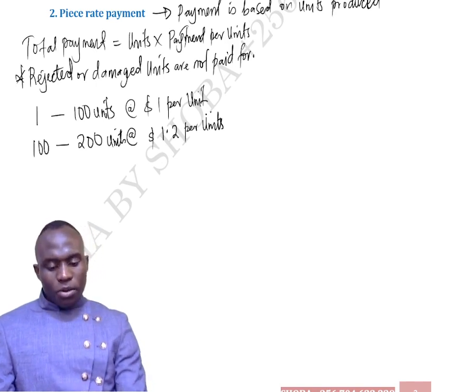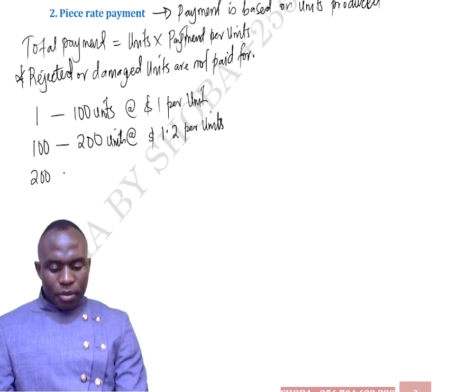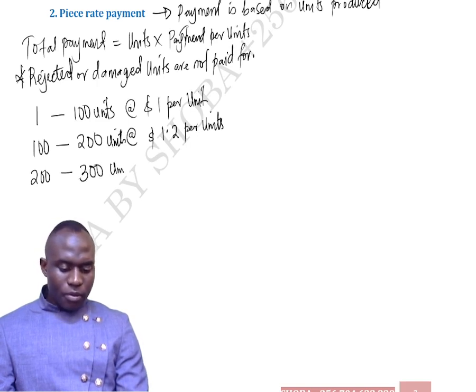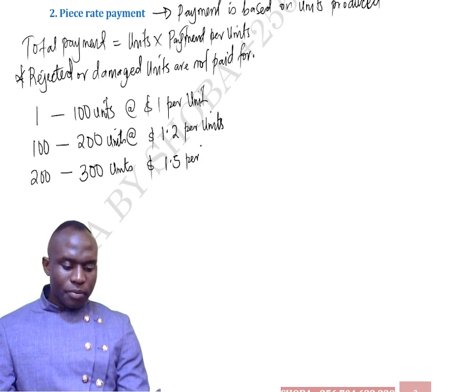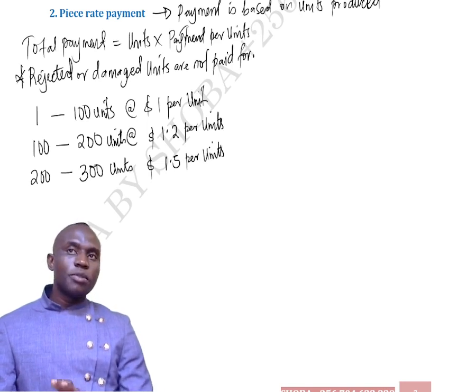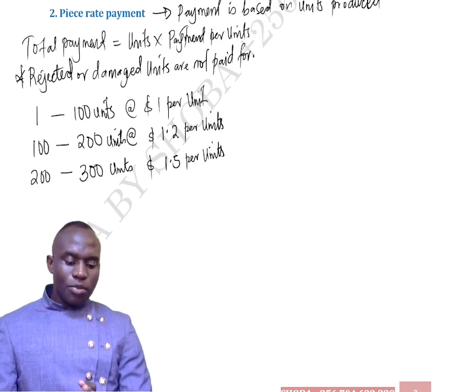We can also add on and say that from maybe 200 up to maybe 300 or 400 units, the payment is maybe $1.5 per unit. So you see still there is an increment if you go beyond 200 units.